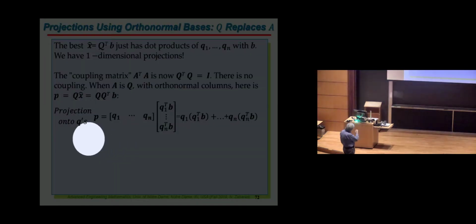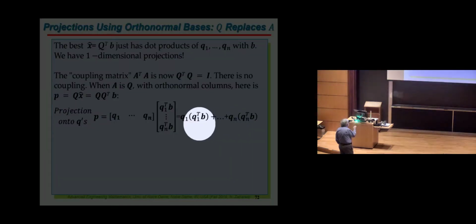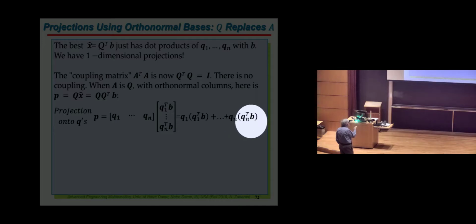Look at this equation and tell me if the projection P that we looked at in least squares looks like this, and tell me where this equation came from. Remember, I'm projecting B onto the column space of Q1 to Qn. So look at this expression and tell me what these things inside the parentheses are.